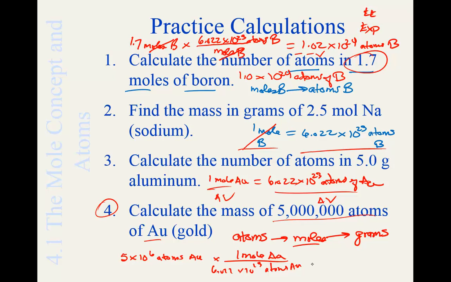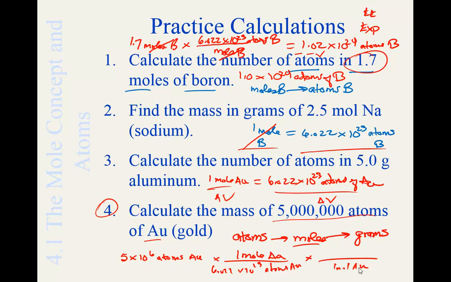All right, our next step is we want to get rid of the moles. So 1 mole of gold, how much does that weigh? Well, you have to look at the periodic table. When we look at the masses on the periodic table, for gold, we get 196.967.